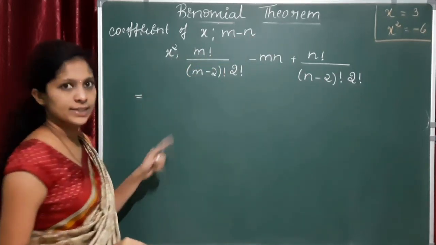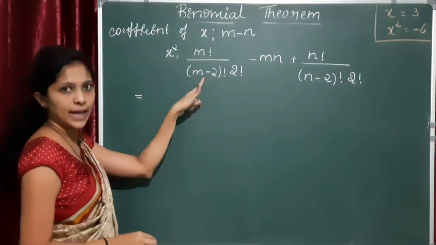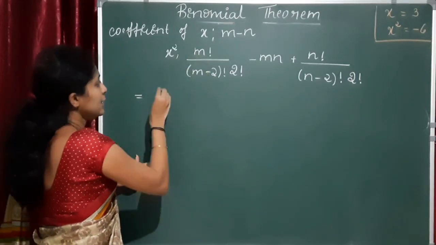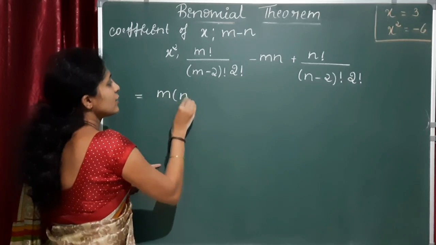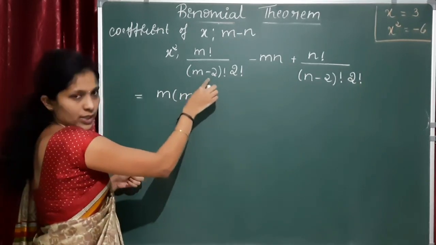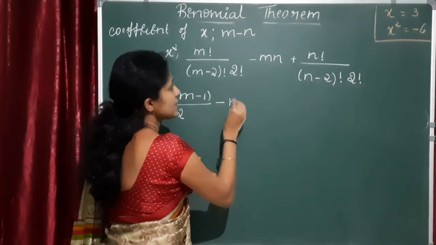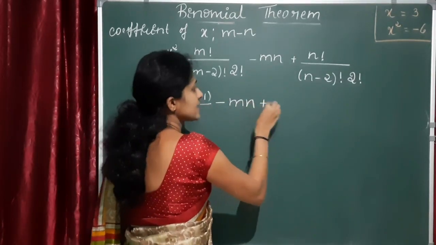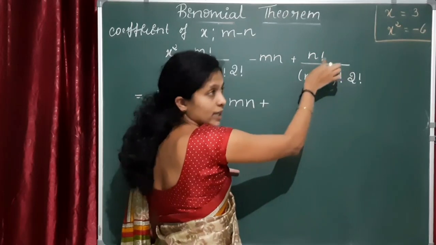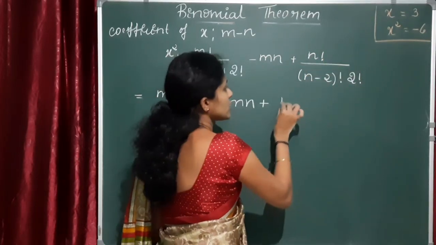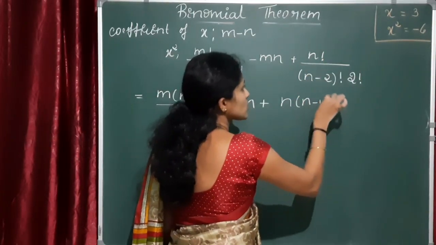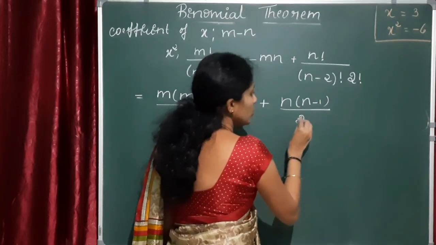Now we'll simplify this. m factorial divided by m minus 2 factorial, I can write m into m minus 1 into m minus 2 factorial, so that I can cancel this, divided by 2. Directly I will be writing minus mn plus n into n minus 1 into n minus 2 factorial, so this is n into n minus 1 divided by 2, right?